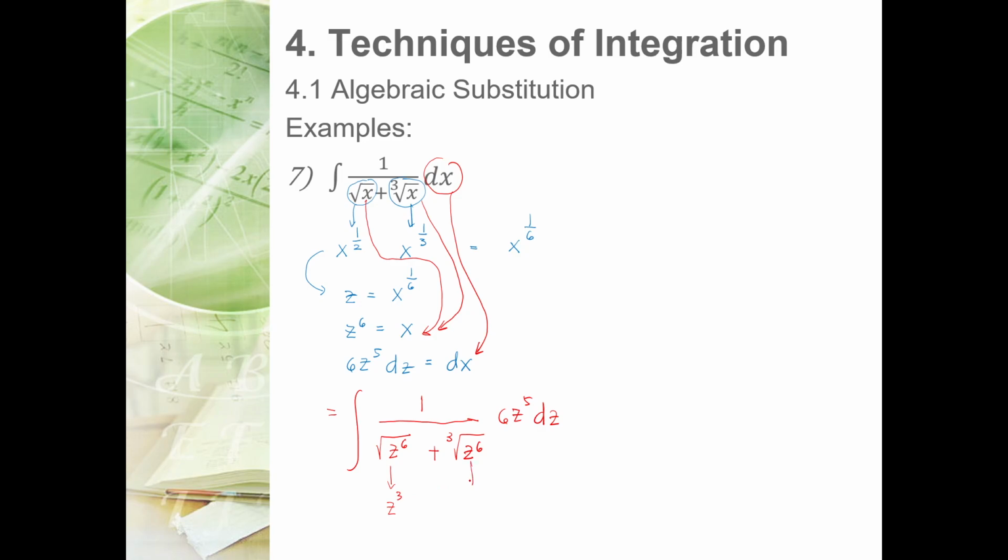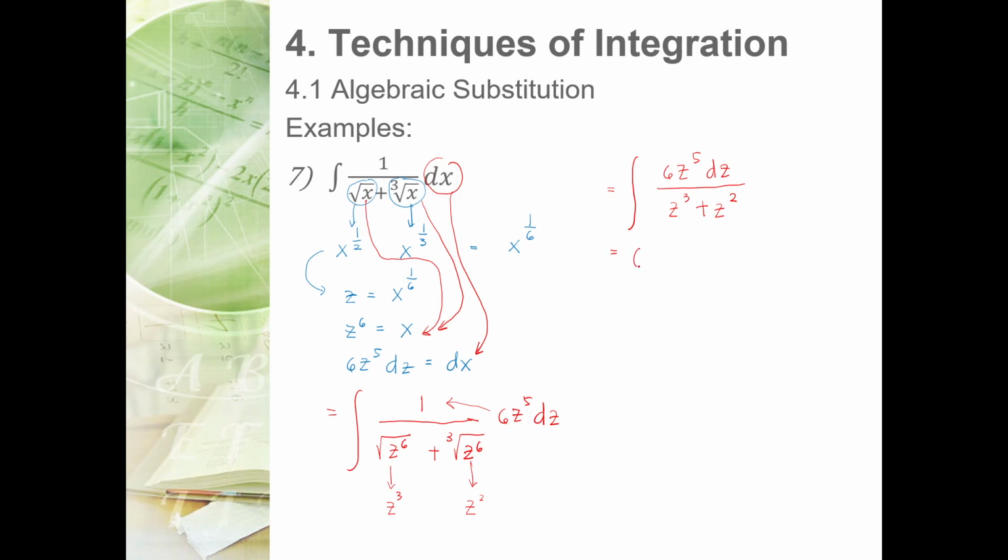The cube root of z to the power of 6 is z squared. So let's try to multiply this to the numerator. This would give us 6z^5 dz all over z cubed plus z squared.